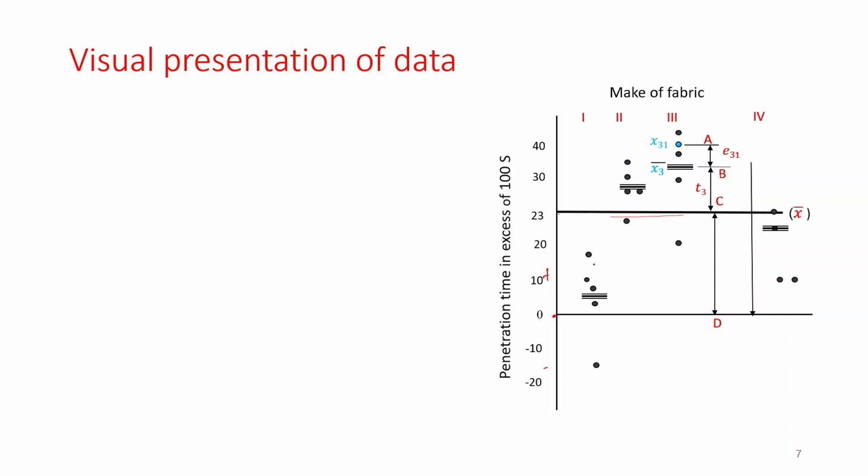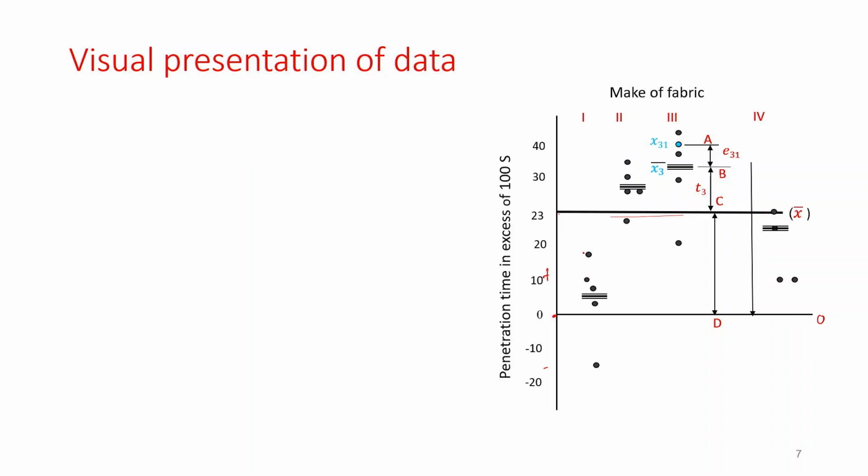And these are the four different makes of fabric. The dots that you see are basically the data points. This is the 0 line, and if we plot the data, the data points will look like this.